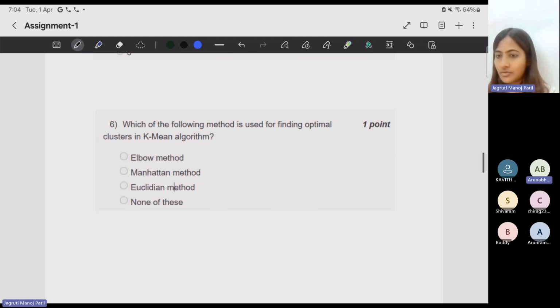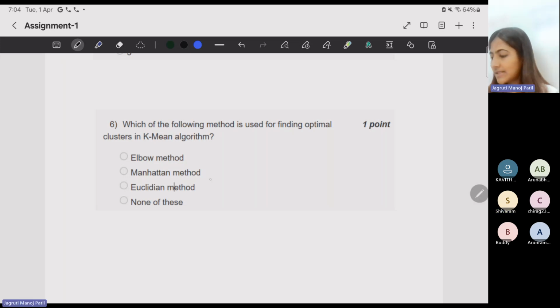So which of the following methods is used for finding an optimal cluster in the K-means algorithm? So we just saw it now. Oh, I guess we didn't see it correctly. The answer says something else. The slides had something else. Do you know? I think Manhattan or Euclidean.